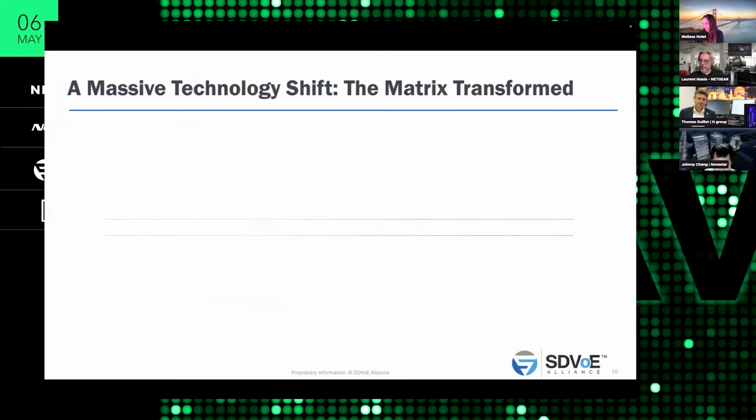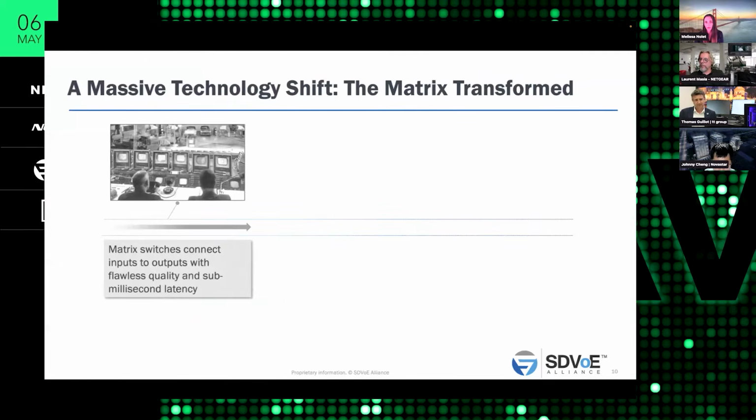If we take a little step back in history, everyone will recall that at a certain point in time, your only option for signal distribution was the matrix switch. Of course, on the positive side, you had pristine quality and effectively zero latency. On the negative, it was not very flexible, and in fact, it was quite expensive and not scalable.